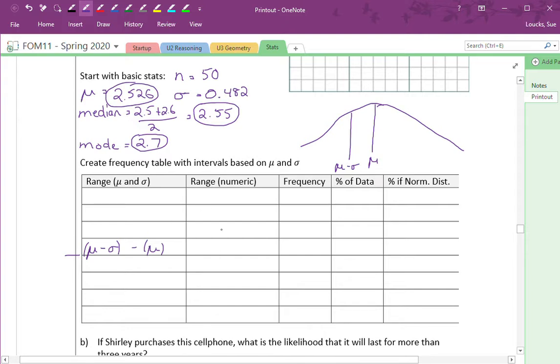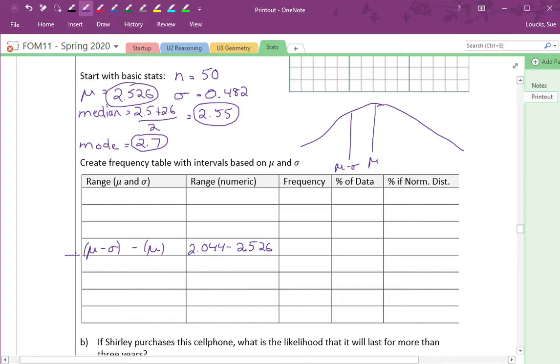Our mean is 2.526, minus 0.482 is 2.044, to 2.526.